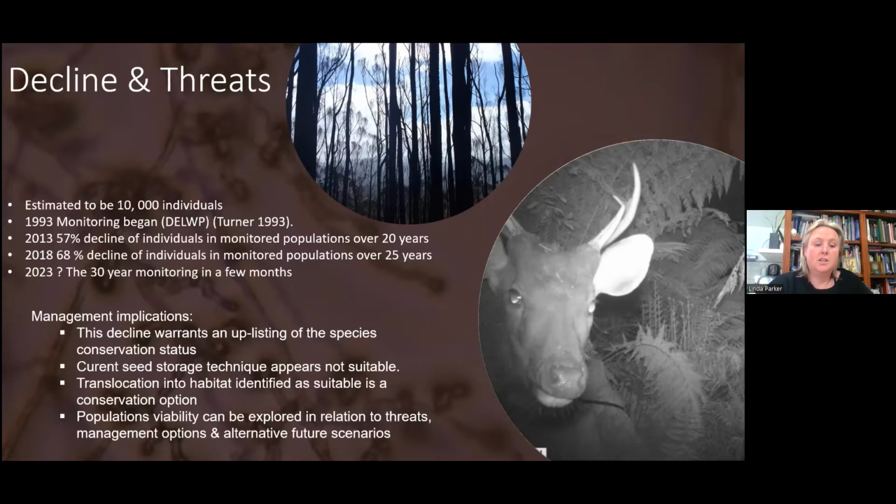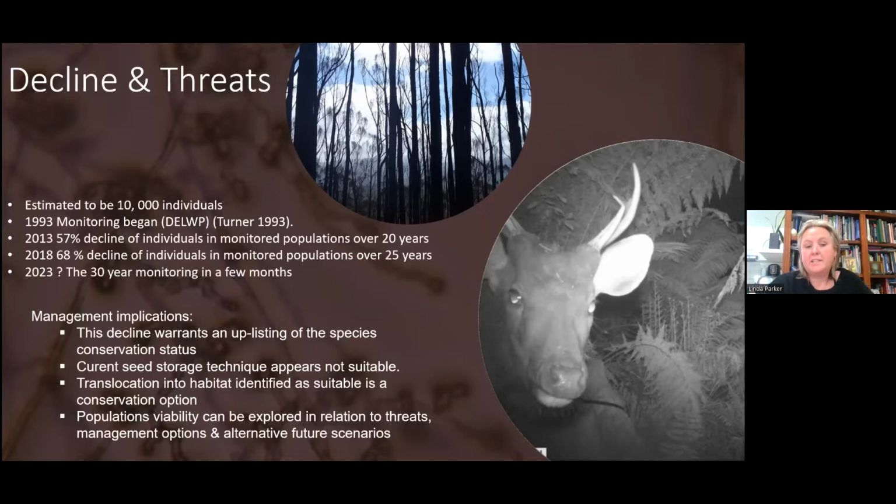We've also tried just storing it at 4 degrees, which is not a really good long-term option for any seeds. I don't think it's suitable. After 2 years of storage, it's very low germination. None at -20, and -80 is showing a little bit of promise, but it's really low viability of seeds in long-term storage.